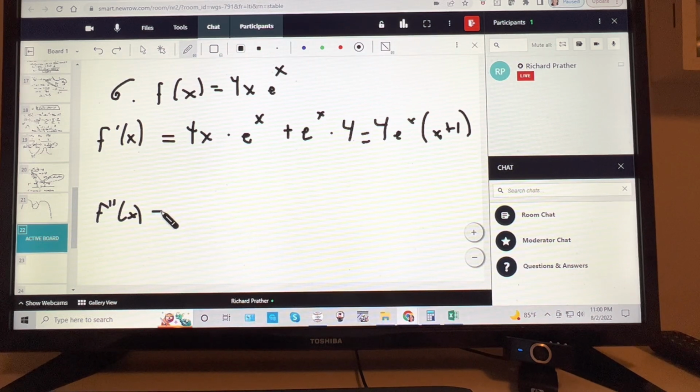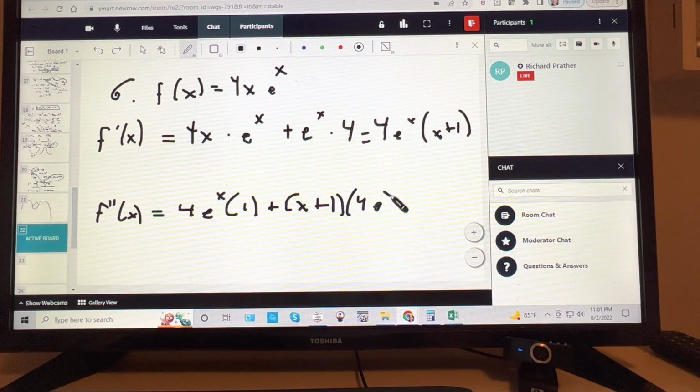Okay, so the second derivative will be first times the derivative of the second, which is 1, plus the second times the derivative of the first, which is itself, since it's exponential and it's e to the x.